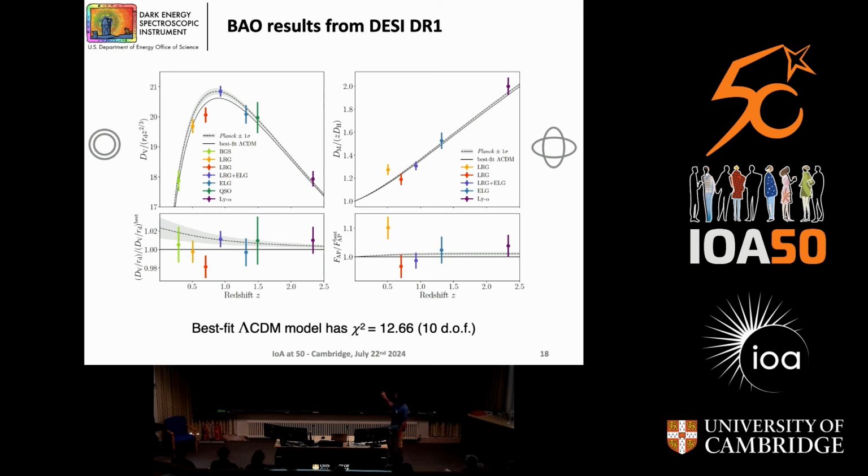And the main takeaway message of this plot is that the black solid line is our best fit lambda CDM model, and it describes the measurement very well. So, it's a model that only has 2 parameters. We have 12 data points, so 10 degrees of freedom, chi-square of 12, right? So the key takeaway message from these first results is that the DESI BAO results are very consistent with a flat lambda CDM universe.